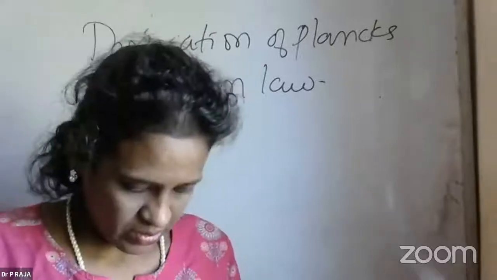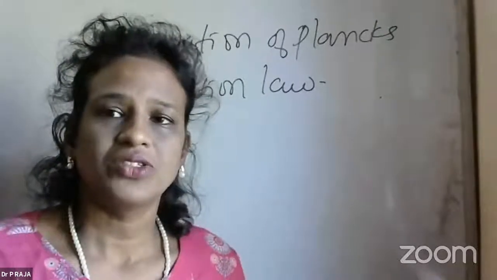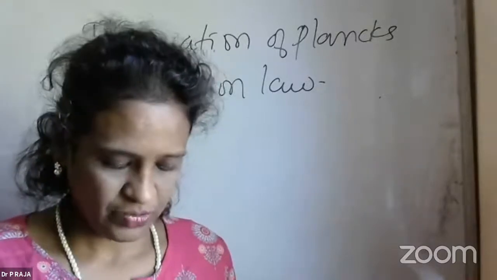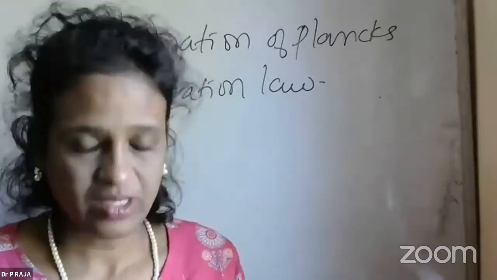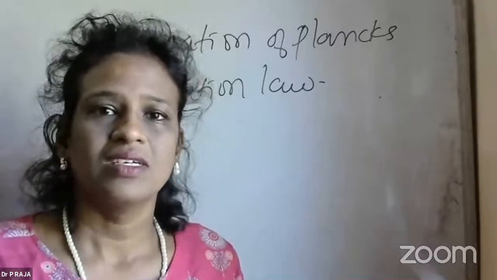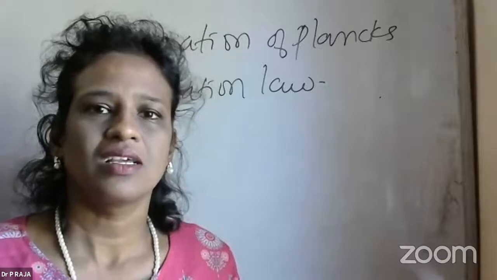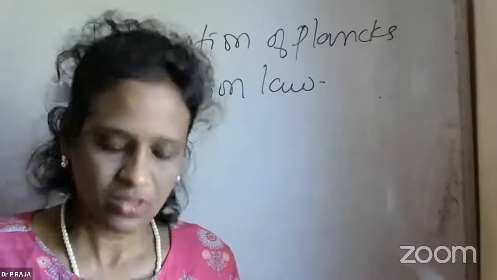Okay, we'll keep talking. In the last class we studied about the Rayleigh and Jeans derivation of the Planck's radiation law and the explanation that they have given. I hope you have seen the previous video that I sent regarding the Rayleigh and Jeans, and hope you have understood it.